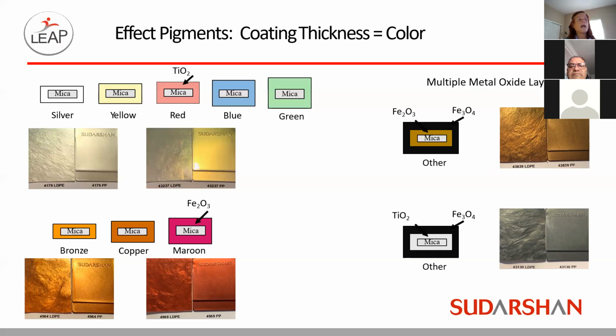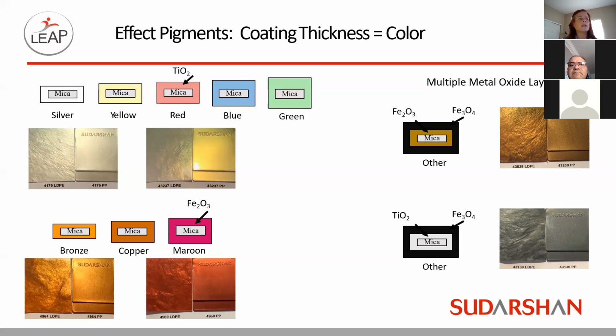On the top, we have the first layer being a yellow iron oxide, and then coated again with a black iron oxide that gives a nice warm brown or walnut color that we can achieve through that combination.